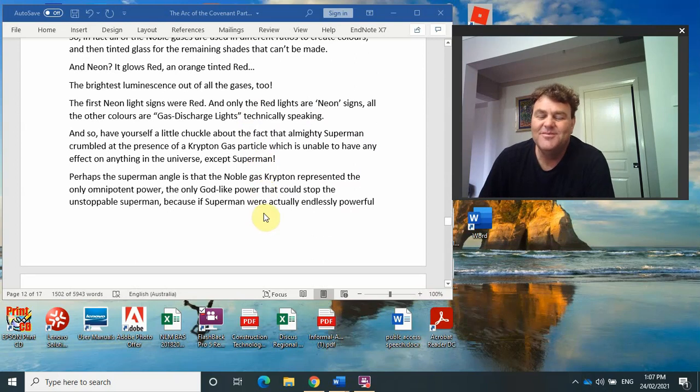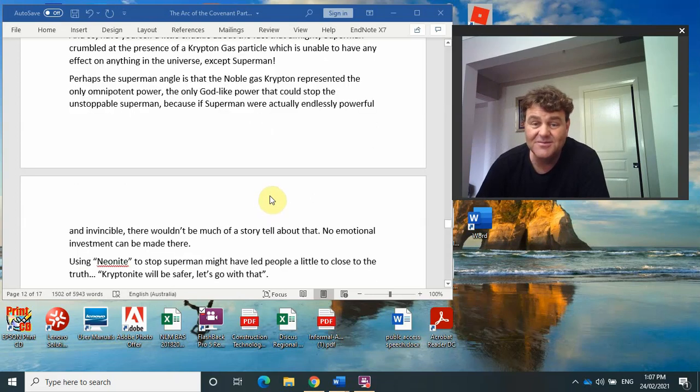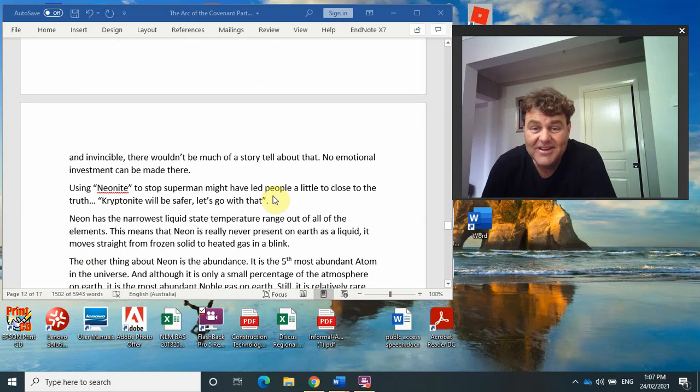So perhaps what they were going for with the Superman angle in the story writing was that this noble gas krypton represented the only omnipotent, godlike power that could stop the unstoppable Superman. Because for the purposes of the story, if Superman were actually endlessly powerful and invincible, there wouldn't be much of a story to tell.